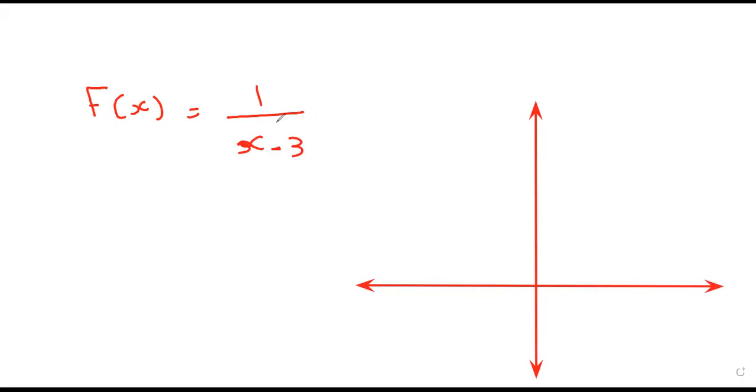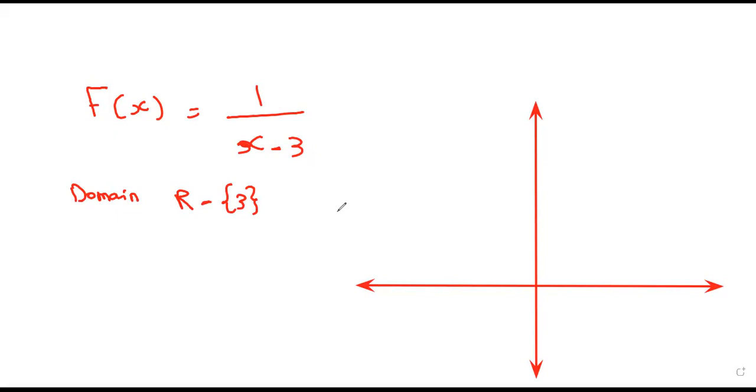So if we looked at the denominator, we couldn't find the value of 3 because 3 minus 3 equals 0, and 1 over 0 is undefined. So the domain, directly, is all real numbers except 3. Why? Because we couldn't find the value of 3.